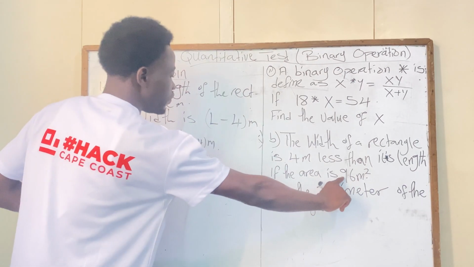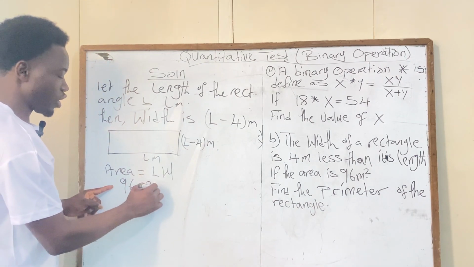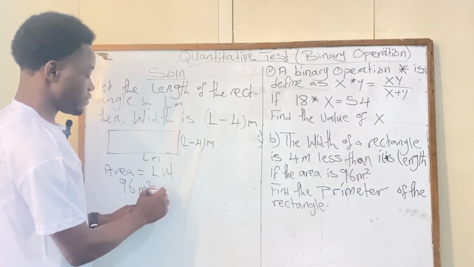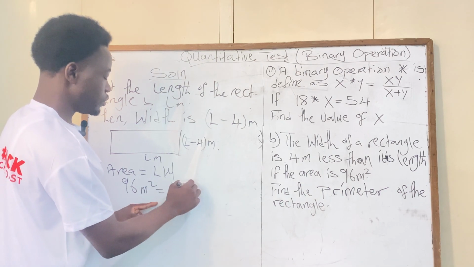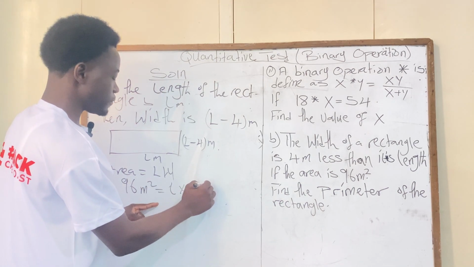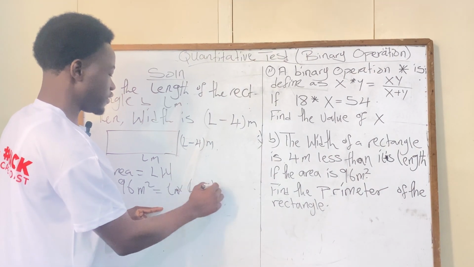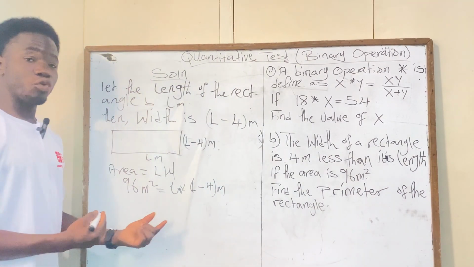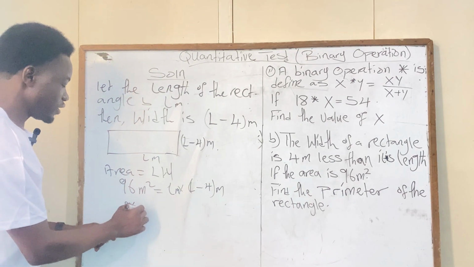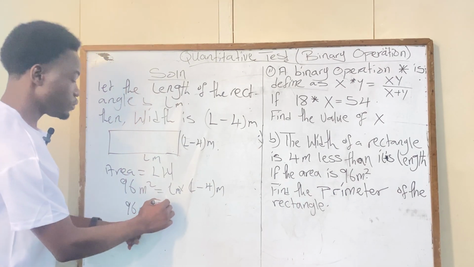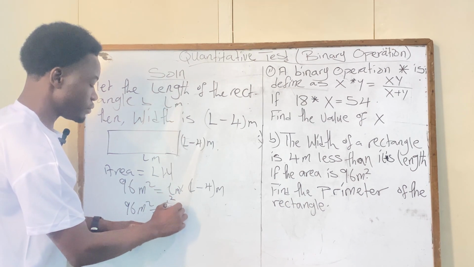But we know the area to be 96 meters squared, and I know my length to be L, and I know my width to be L minus 4 meters. So we can expand this bracket. I'm going to get 96 meters squared is equal to L times L will give me L squared.